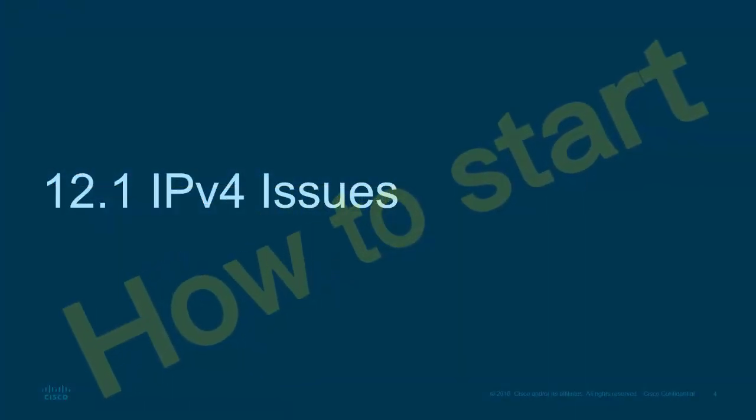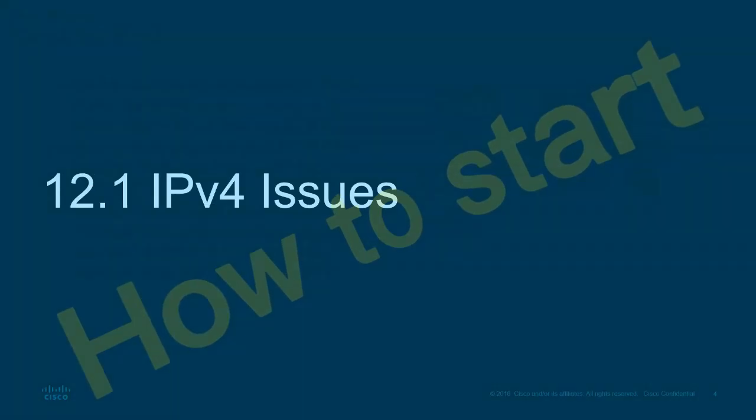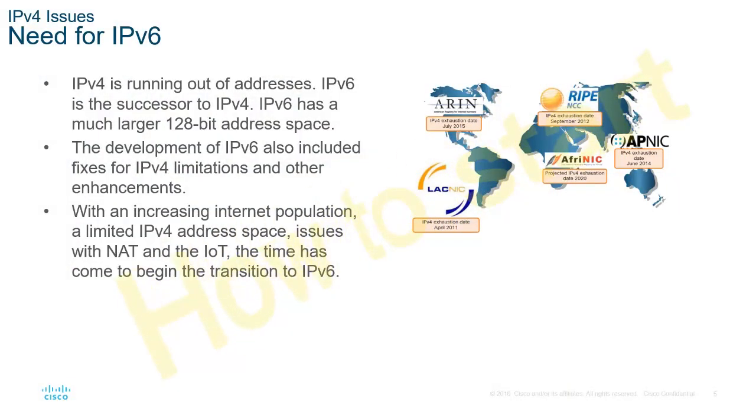So jumping right on in, IPv4 issues. In the previous lecture, we talked about the different words that actually assigned our IPv4 addresses. And that meant we're also looking at how many addresses those words gave the different groups. How many were sent to North America, South America, Africa, Asian Pacific, and Europe and Russia.